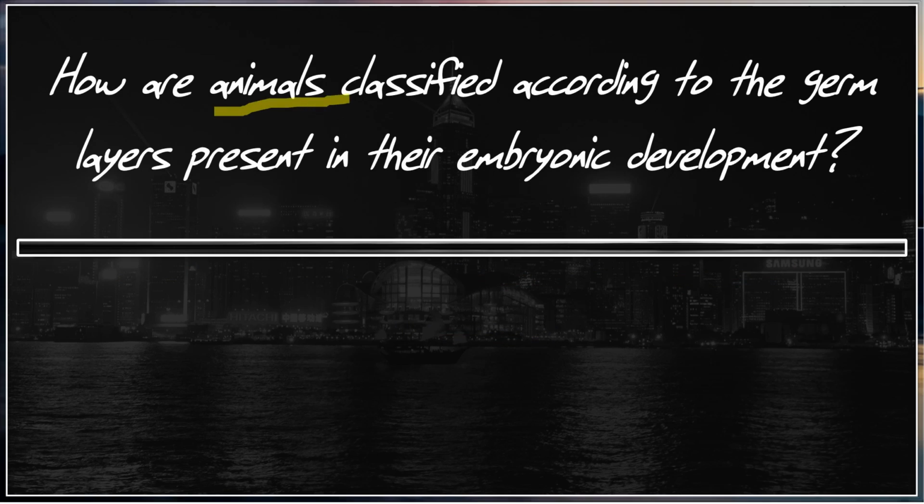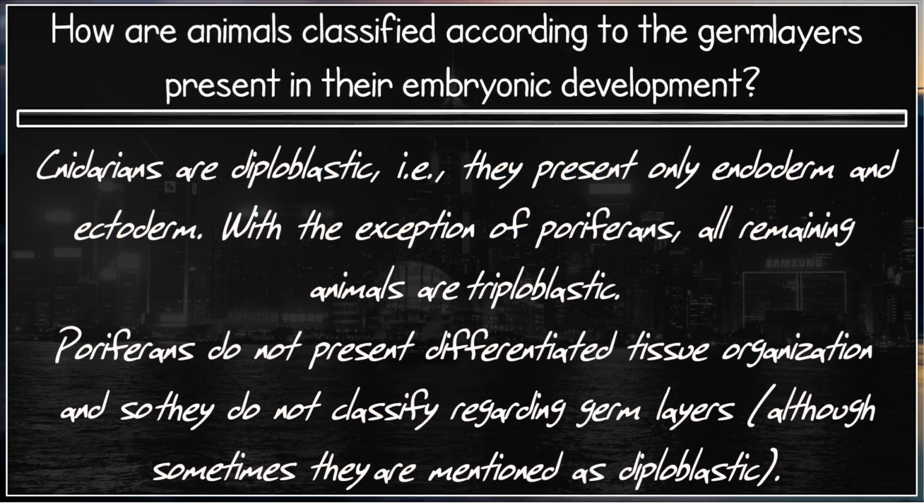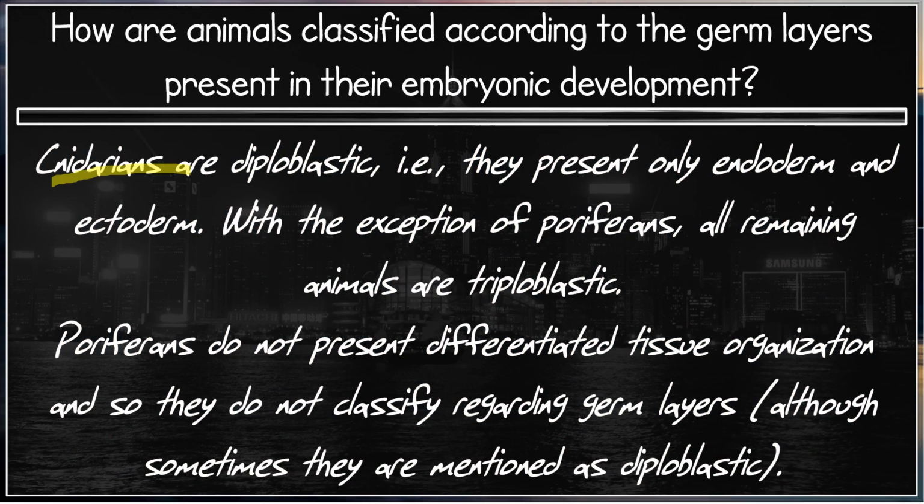How are animals classified according to the germ layers present in their embryonic development? Cnidarians are diploblastic, that is, they present only the endoderm and the ectoderm, with the exception of poriferans.